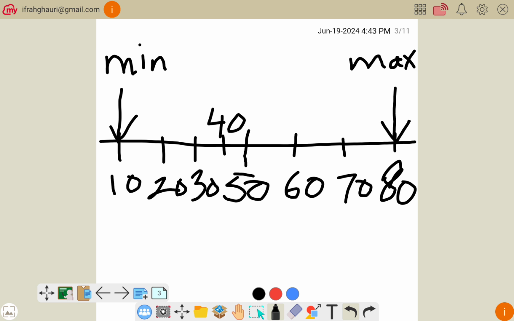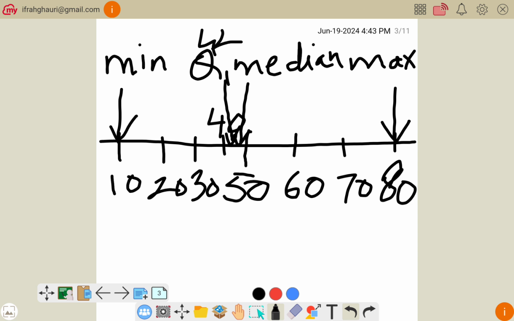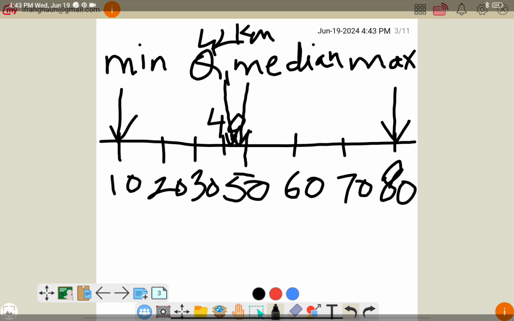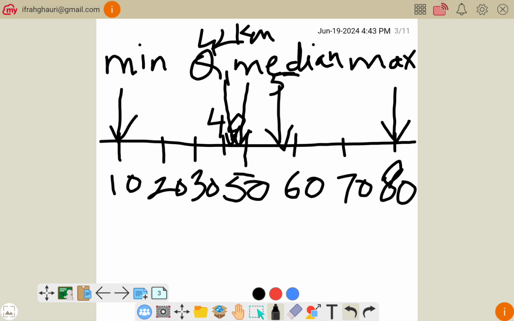The median speed was 49 km per hour. Then the lower quartile was 42 kilometers per hour, and the upper quartile is 57 kilometers per hour.